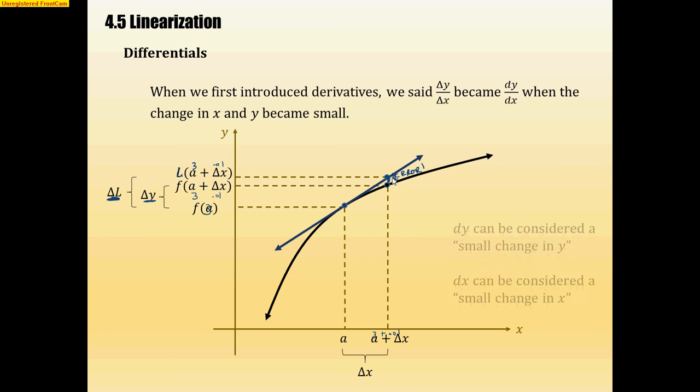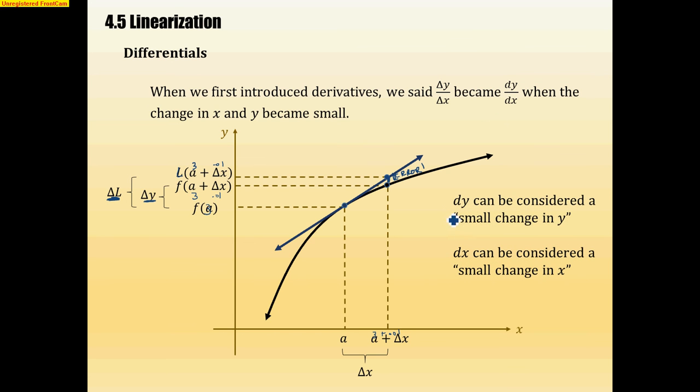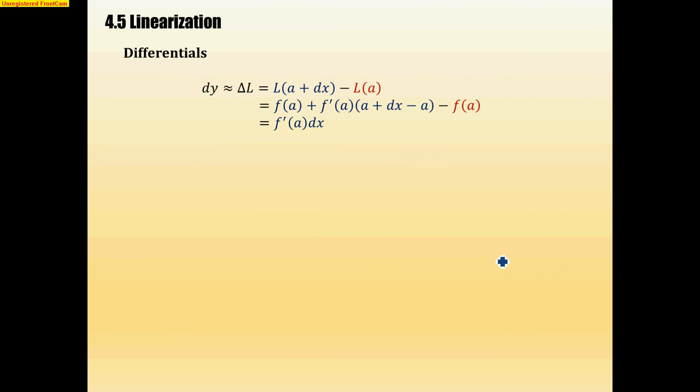So, dy can be considered a small change in y. dx, a small change in x. So, if my change in y, this is the actual change in y, is really close to the actual change in the tangent line, then L of 3 plus a little bit minus L of 3 is the same as this tangent line.